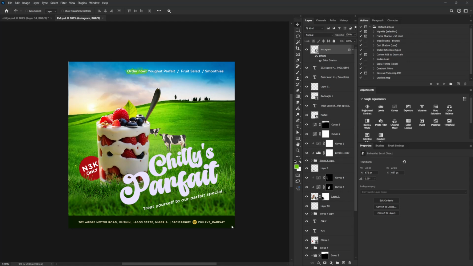Okay, then the part of placing the venue here, there are two things I did. Number one is separating the venue from the other information that we have in the project, and there's a reason for this. Because I know I'm going to make the size of the venue, the phone number and the social media smaller, I decided to create a frame with a dark value color and then place the information on it.